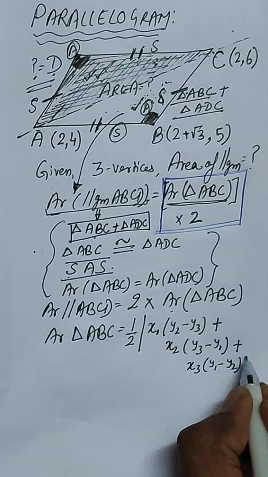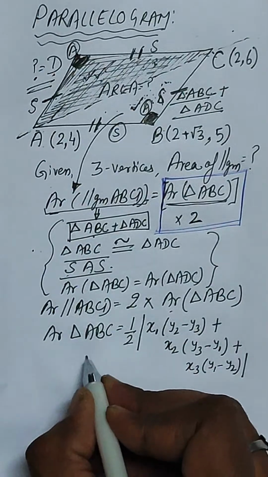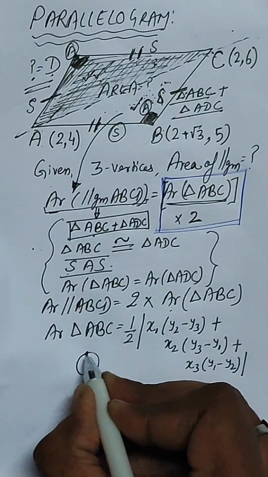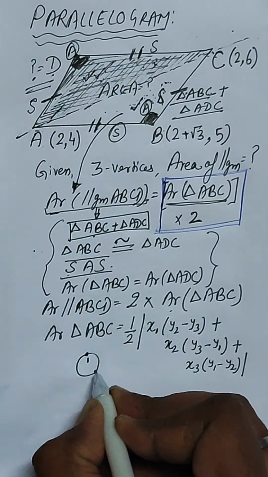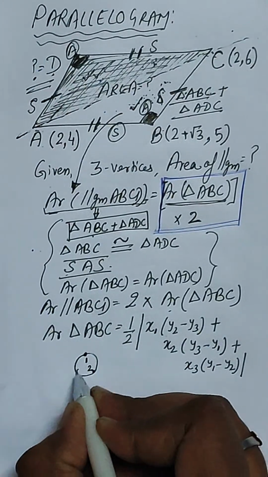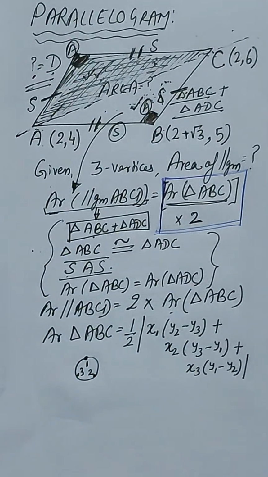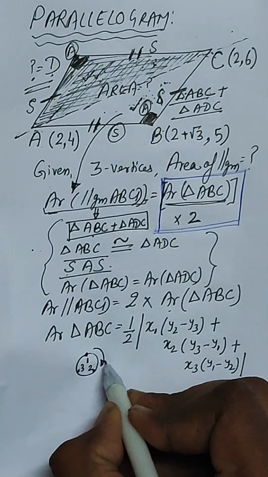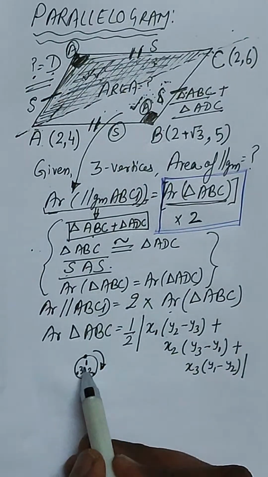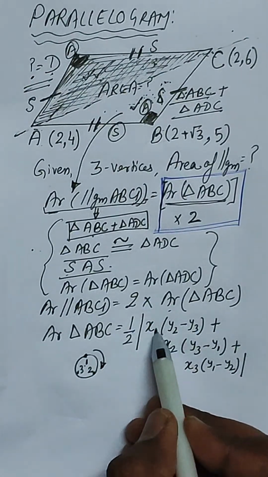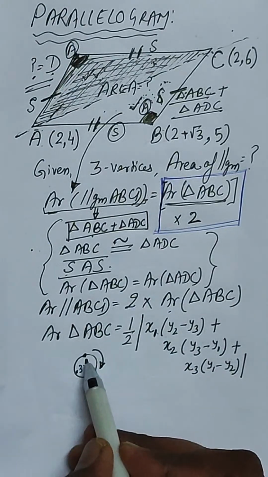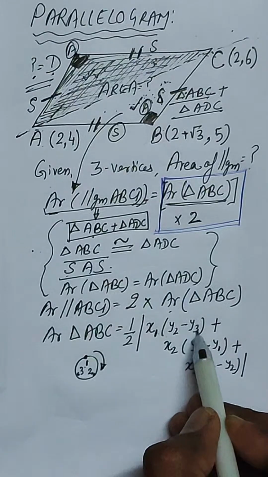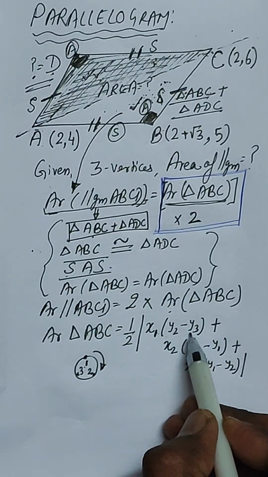We just follow the cyclic sequence here. If this is 1, this is 2, and this is 3, then we follow the sequence like this. If x1 is coming, after this y2 minus y3 is happening, just to remember the formula.